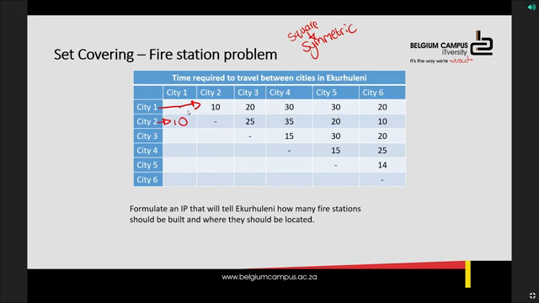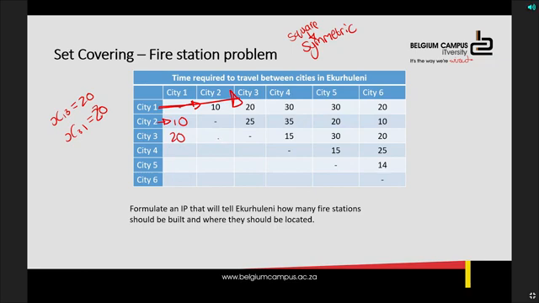What would be the value at city 3 to city 1? So x3,1. Good. So you're looking at city 1 to 3, which is a value of 20. So it's going to be symmetric, meaning this value will be exactly the same. Very good.